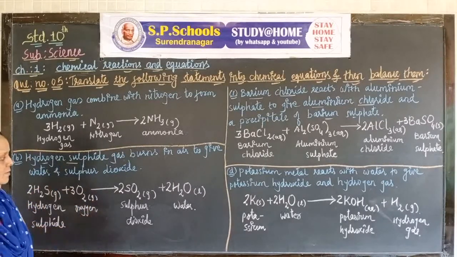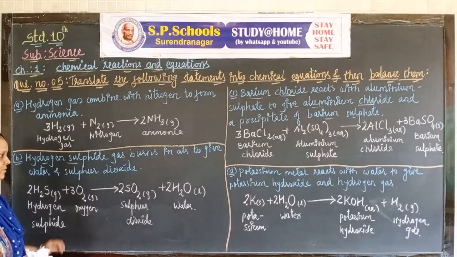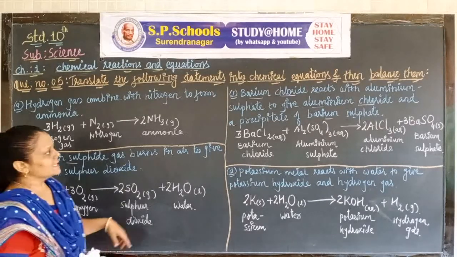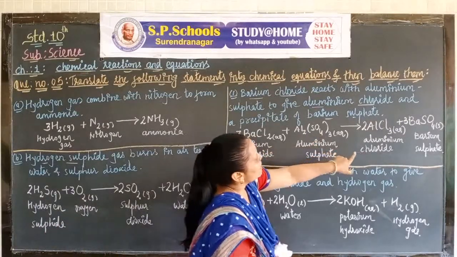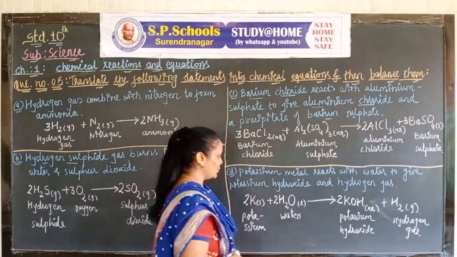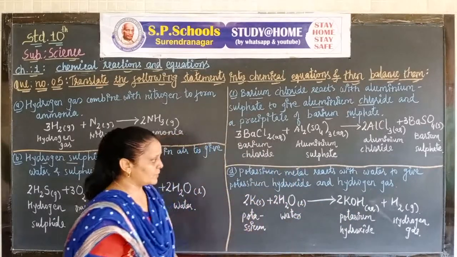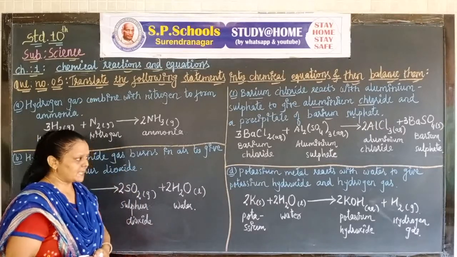When we know the molecular formula of a simple substance, we don't have to write it in our fair book, but in case we don't know it, first of all write the molecular formula of substances. Suppose hydrogen sulfide H2S, aluminum sulfate Al2(SO4)3, aluminum chloride AlCl3, potassium hydroxide KOH. When you know the formula of these substances, you make the chemical equation easily and then balance it.